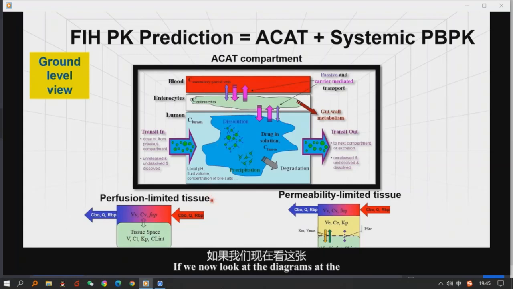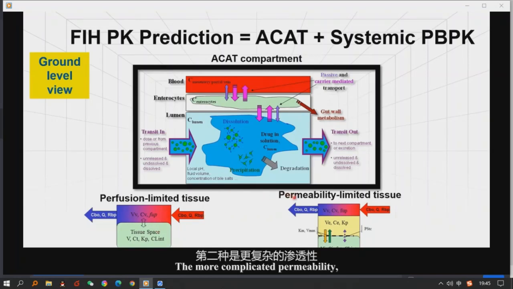If we now look at the diagrams at the bottom of this slide, we see two representations of the tissues within a systemic disposition PK model. The first is the perfusion limited tissue. This is the simpler model where we have a vascular plasma compartment and the tissue space.